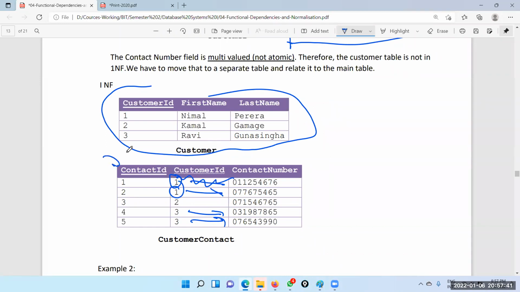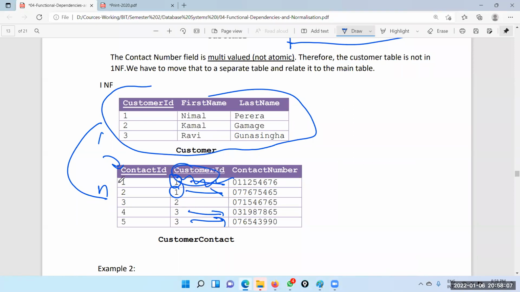So you better go for another key, something like contact ID. Now we are done, the problem is solved. Now all my attributes are atomic and there's a one to many relationship between these two tables. The many side has the foreign key, right?